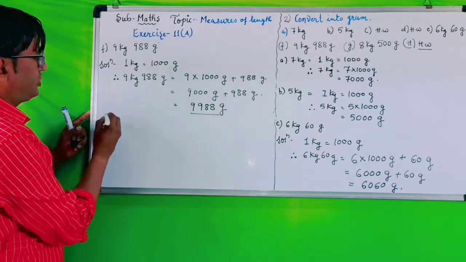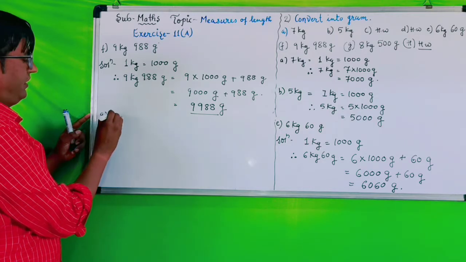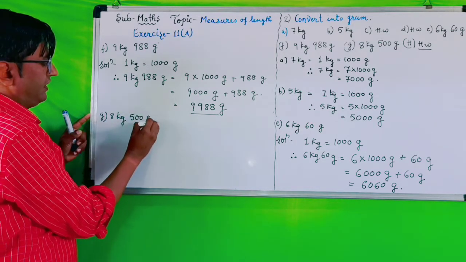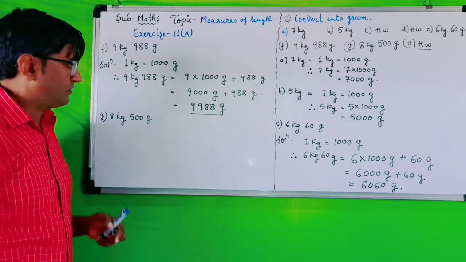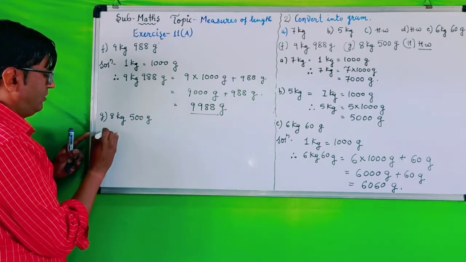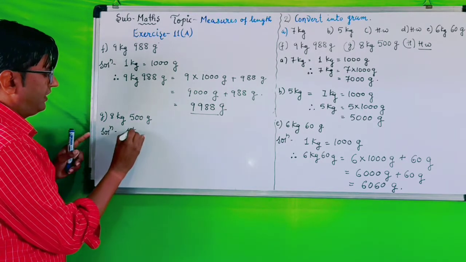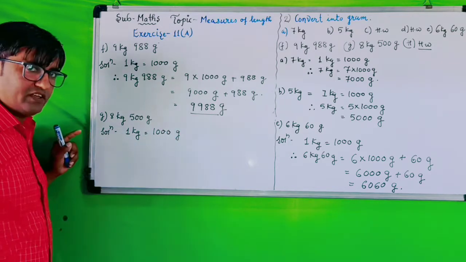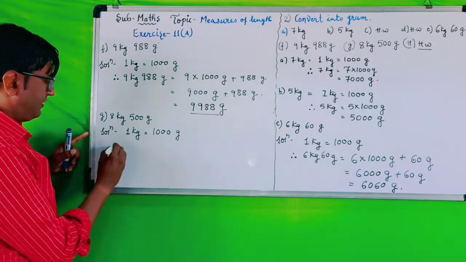Then G is 8 kg 500 gram. Similar type. So I will write here 1 kg equals 1000 gram.